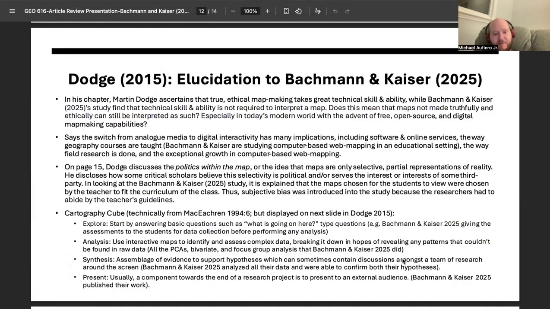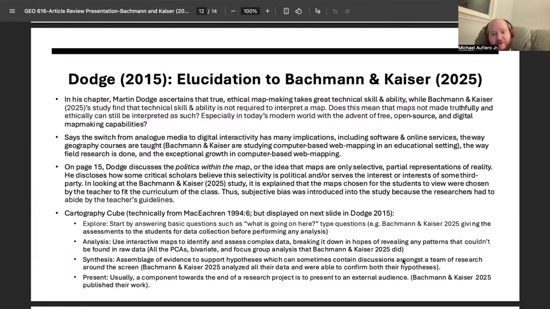In looking at the Bachmann and Kaiser study, it is explained that the maps chosen for the students' view were chosen by the teacher to fit the curriculum of the class. Thus, subjective bias was introduced into the study because the researchers had to abide by the teacher's guidelines and also by the school's guidelines when doing the focus groups.